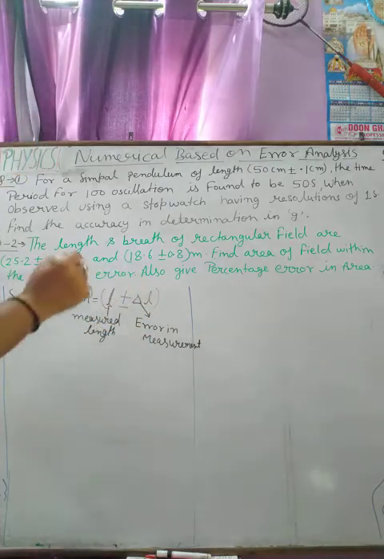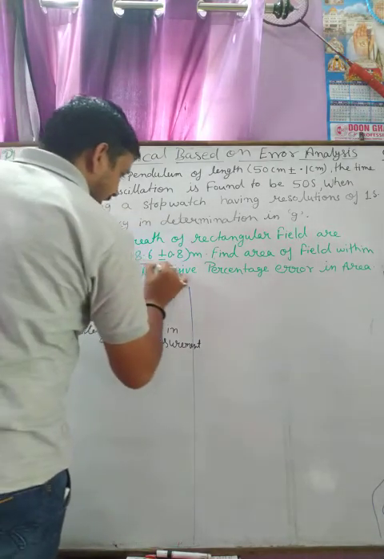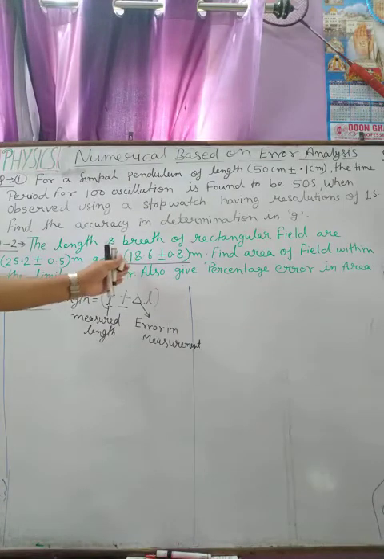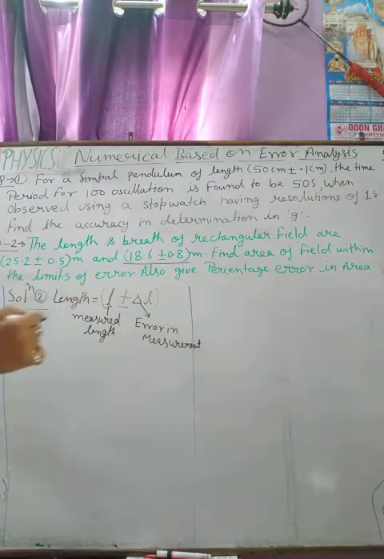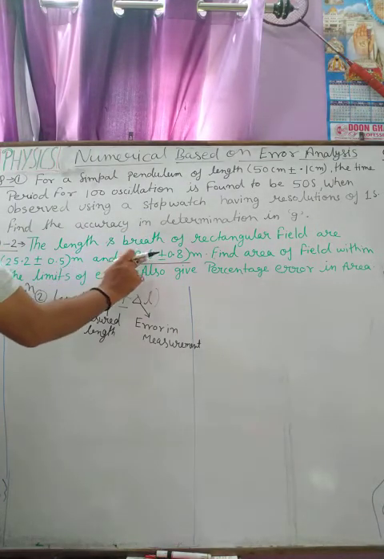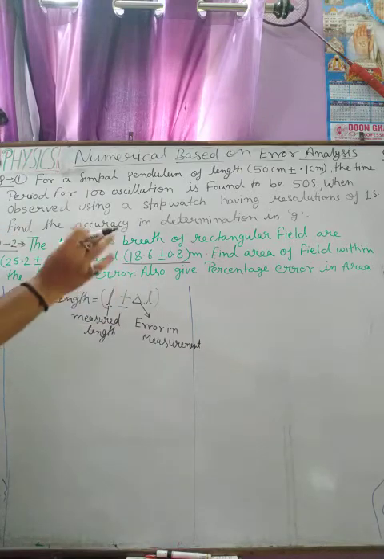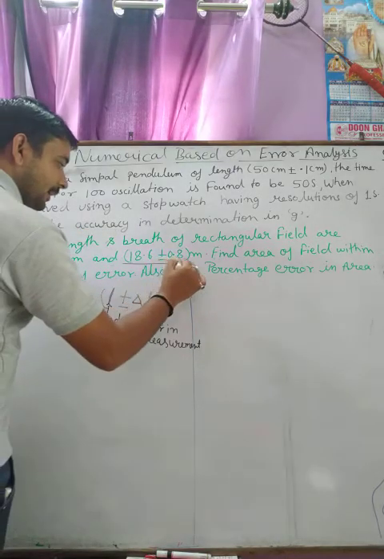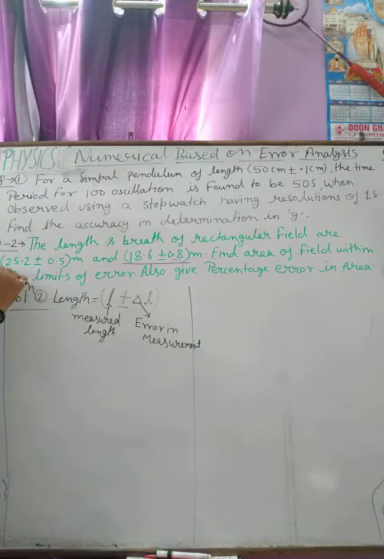In the breadth we have the measured breadth 18.6 and an error in its measurement. Similarly, in the measurement of length, 25.2 ± this. So this is the measured length and this is the error in the measurement.